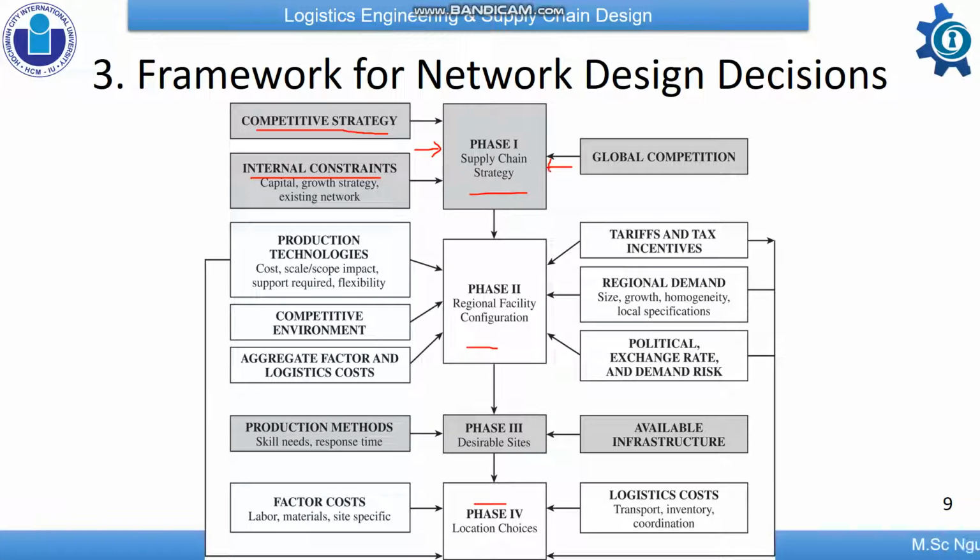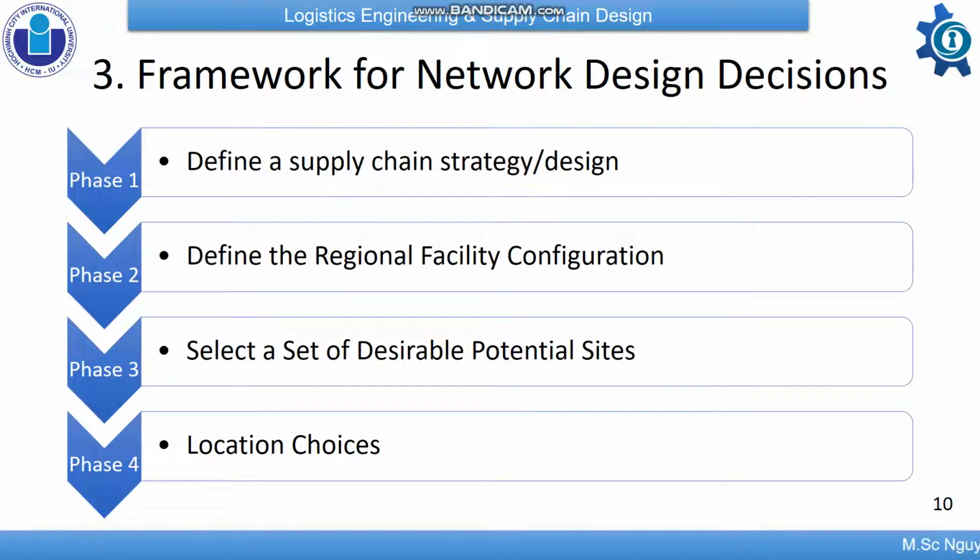For example, for phase one, we do the supply chain strategy. Based on the competitive strategy, internal constraints and global competition, they will determine the supply chain strategy, and we will go into more detail on it.